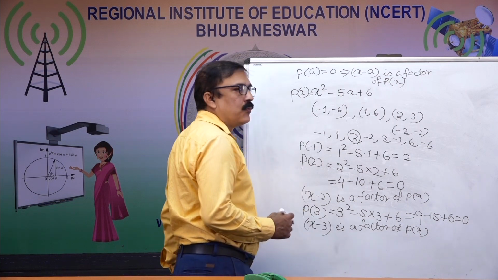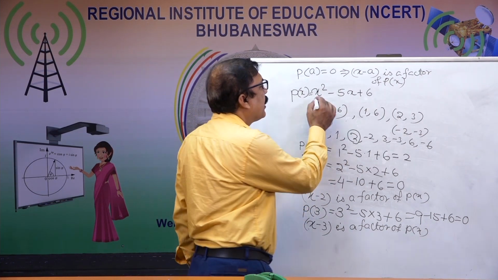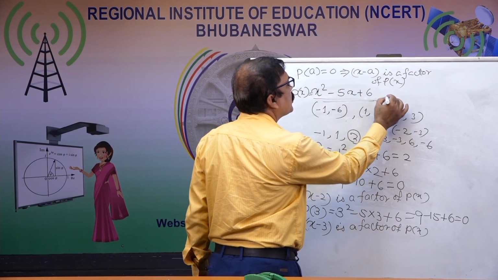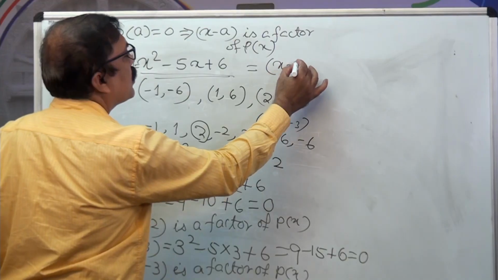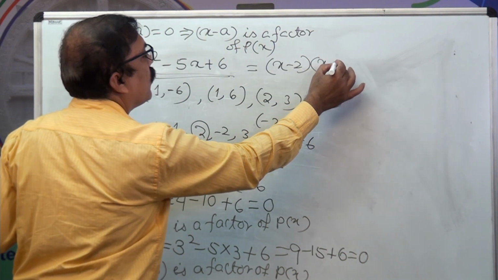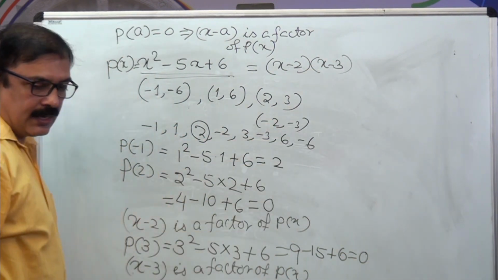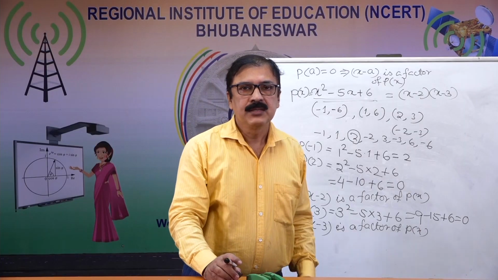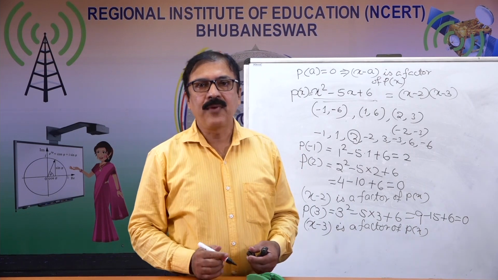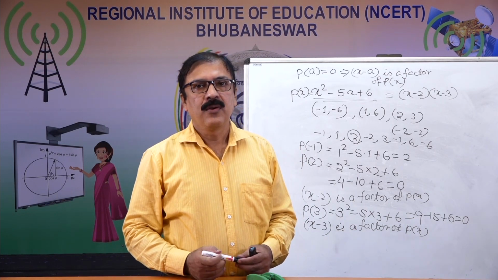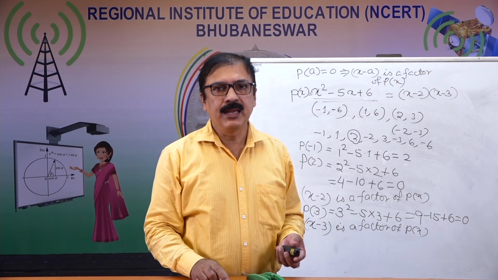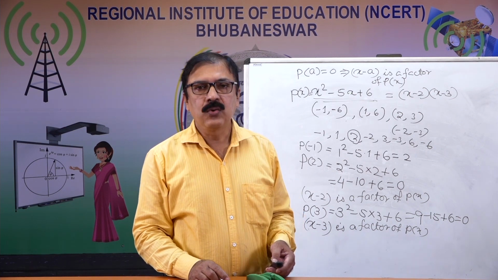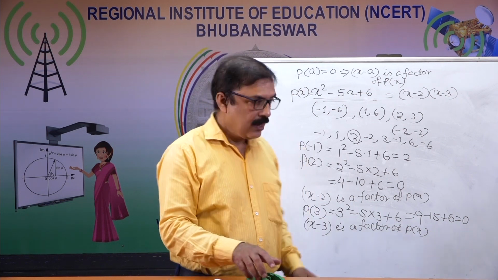From this, we can write that x square minus 5x plus 6 is equal to x minus 2 into x minus 3. This is the process in which we use factor theorem to factorize the polynomial. Let's see another way to solve this.